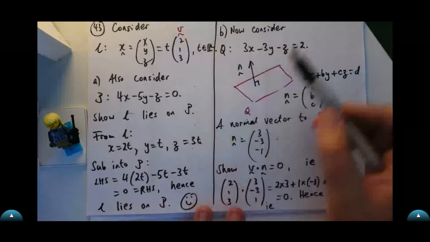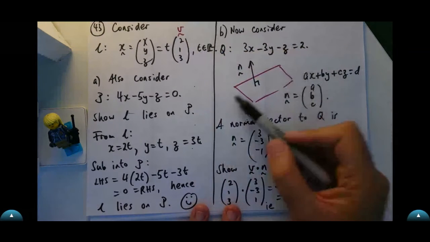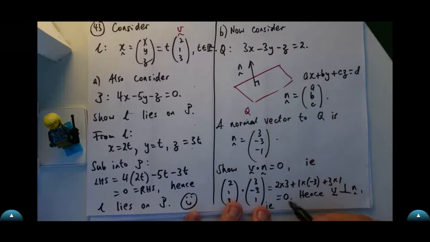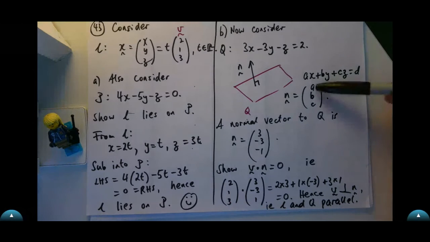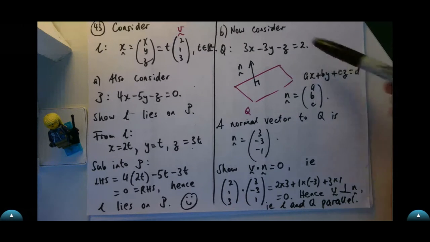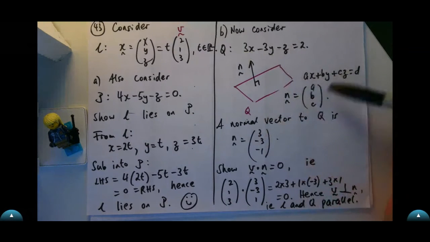So that vector has to be parallel to every vector in the plane. Okay. I just took the coefficients of x, y, and z.